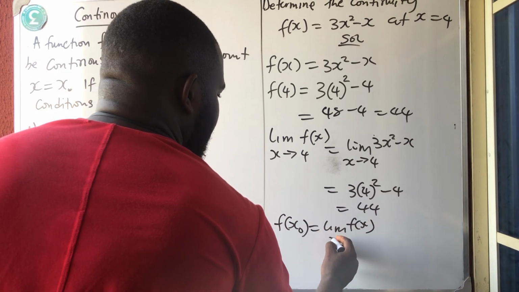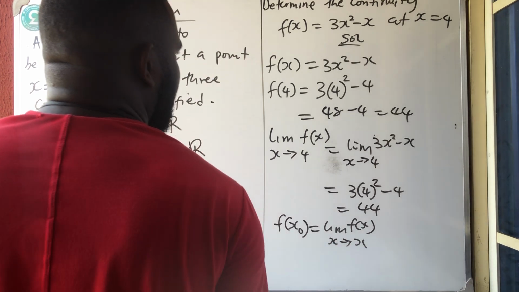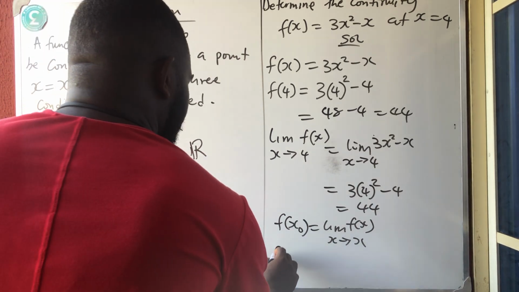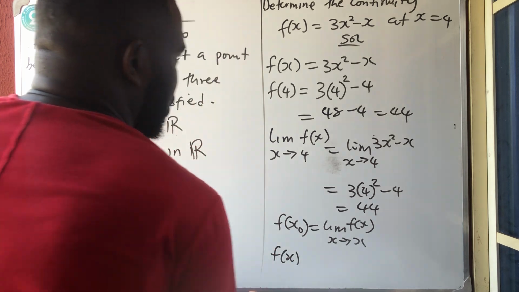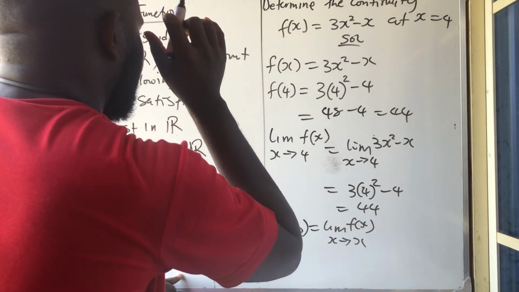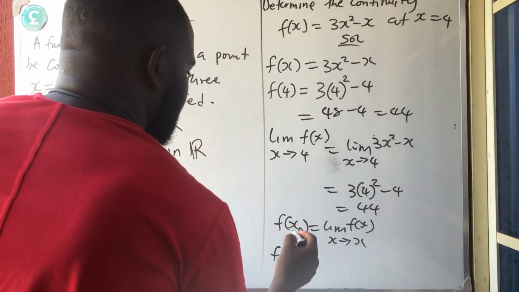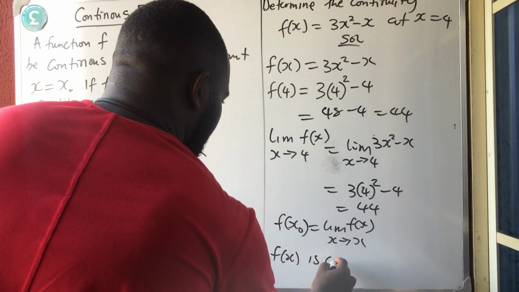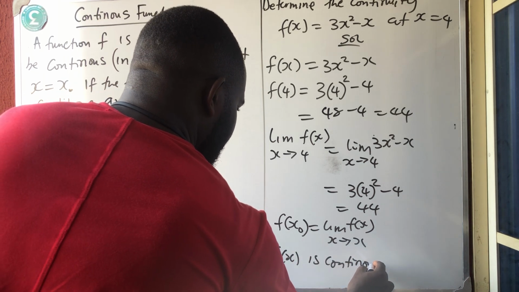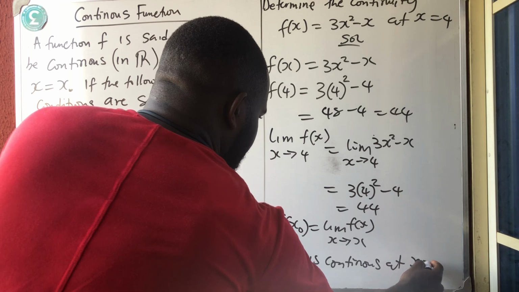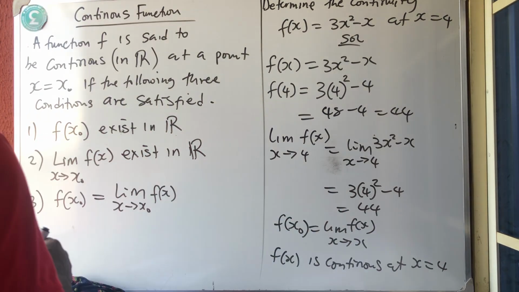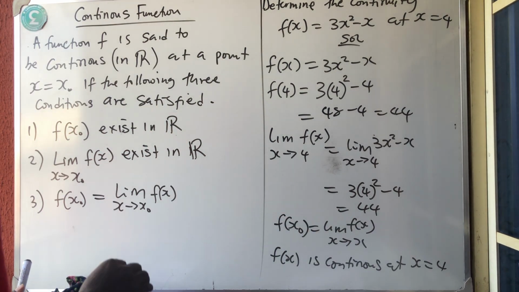Once they are the same, we conclude that f of x is continuous at x equal to 4. So that is that. Very simple.